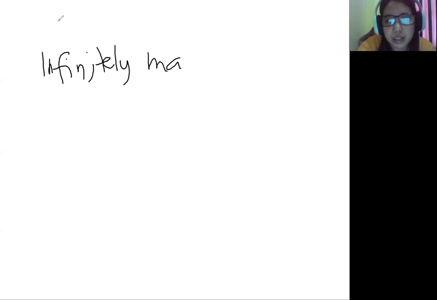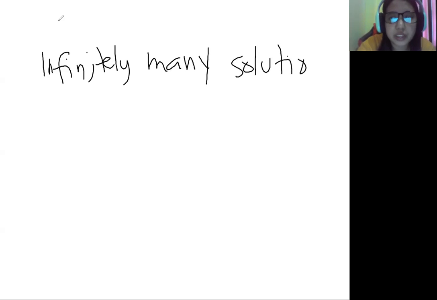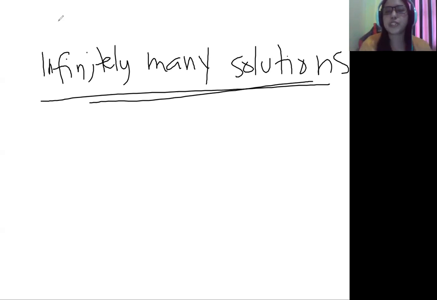For the case that it contains infinitely many solutions, it is because they have the same line, and it can just be represented in different equations.